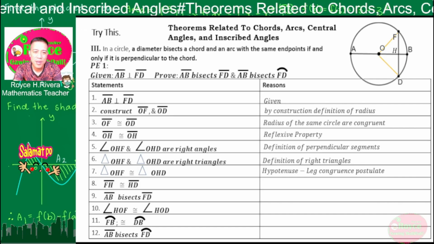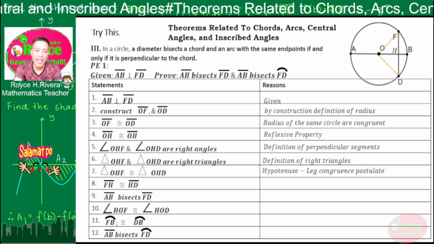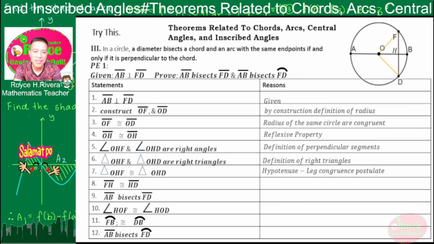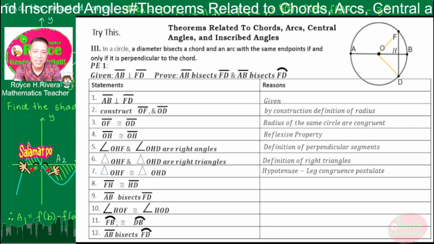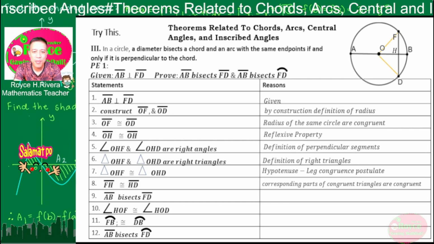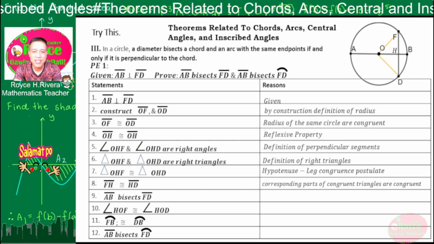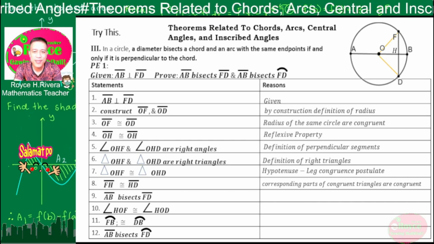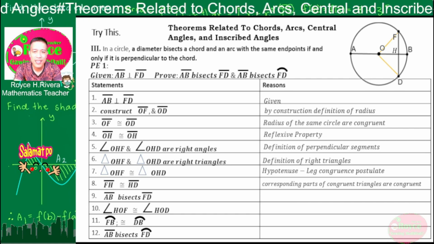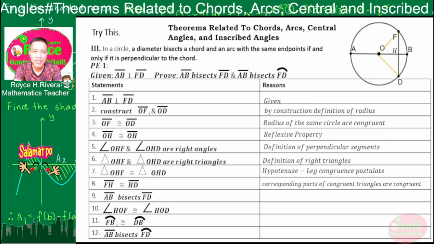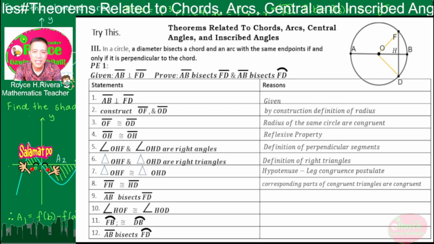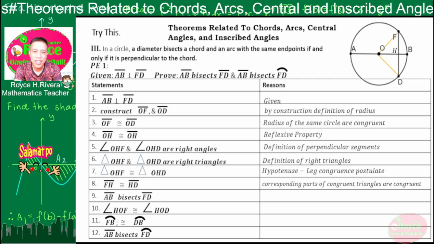Hence, we proceed to statement number 8. Segment FH is congruent to segment HD. For the reason, corresponding parts of congruent triangles are congruent. OH corresponds to OH, OF corresponds to OD, and FH corresponds to DH.